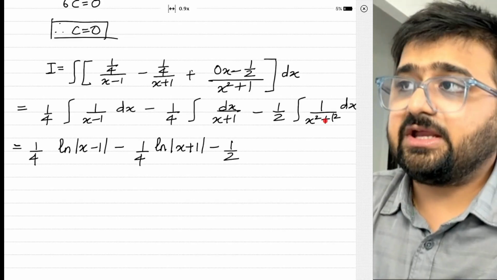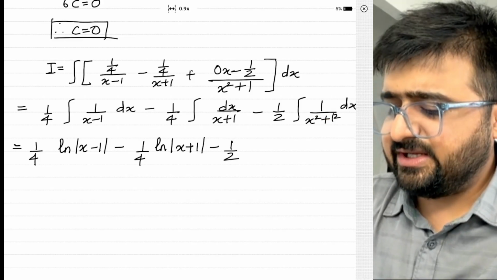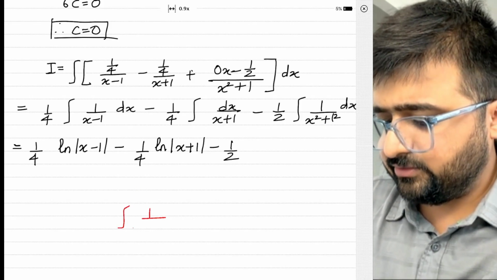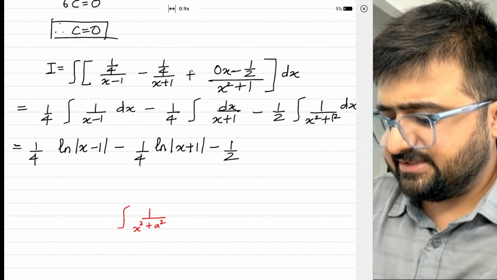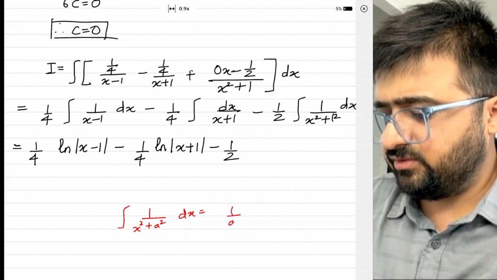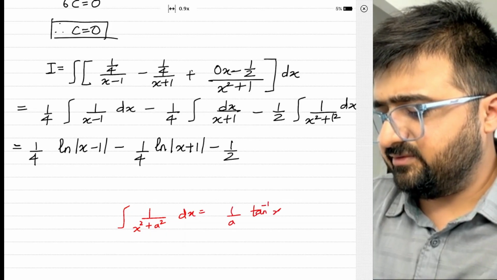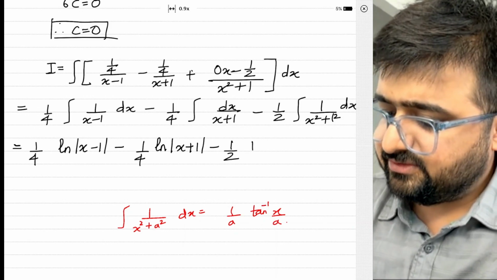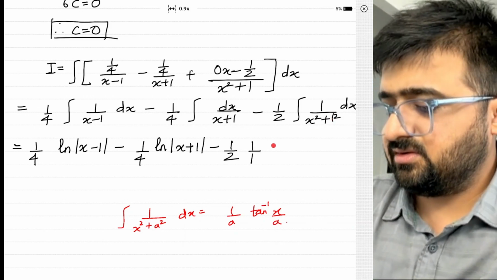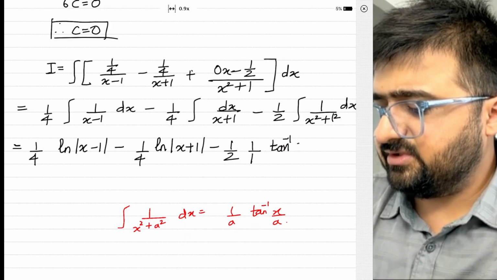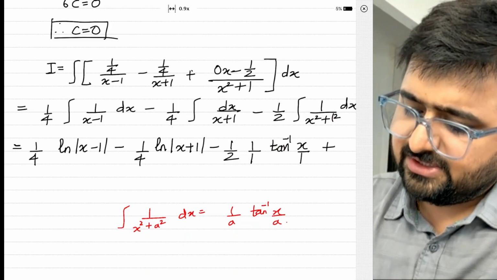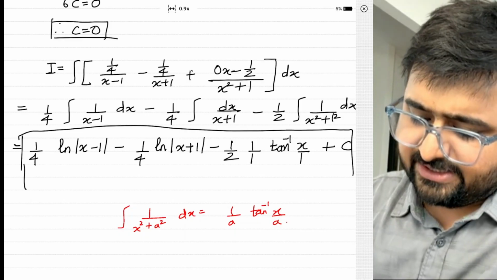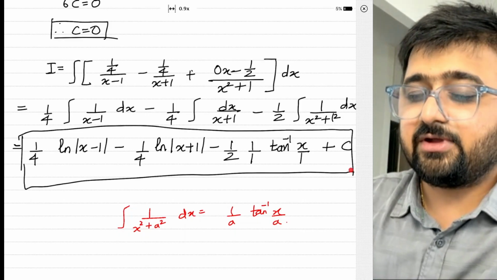For 1 over x square plus a square, remember the formula: the integral of 1 over x square plus a square dx is 1 over a tan inverse of x by a. Remember this result. So we can just apply that here. So we have 1 over 1 tan inverse of x over 1 plus, let's add the constant of integration c, and this is nothing but the final result of the integral that we are looking to solve.